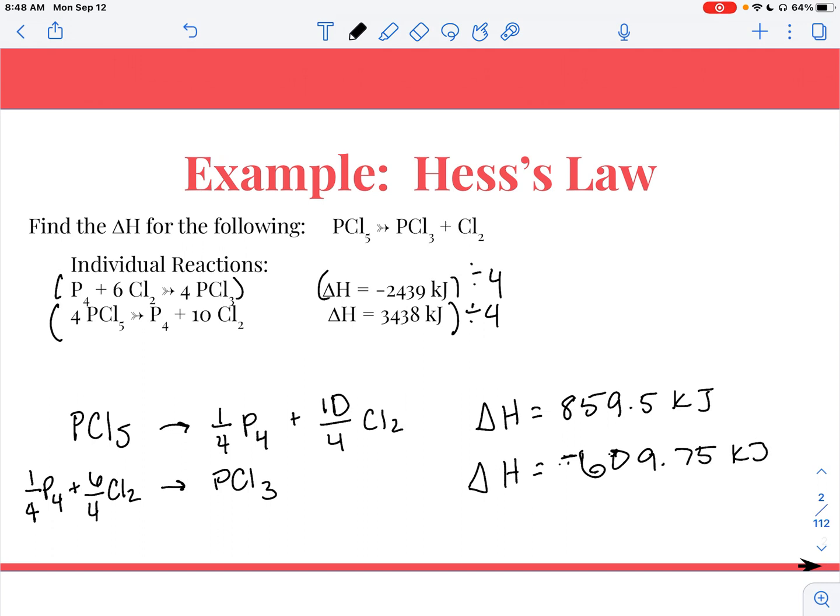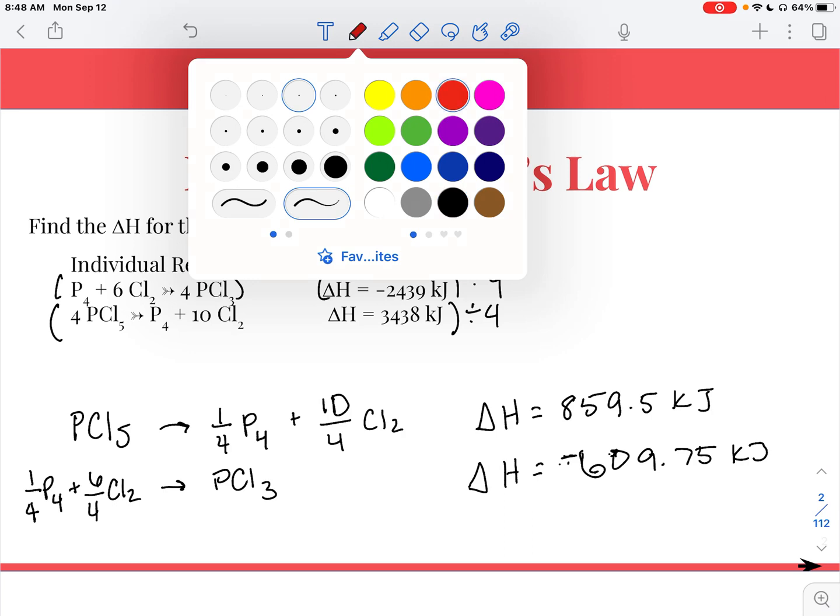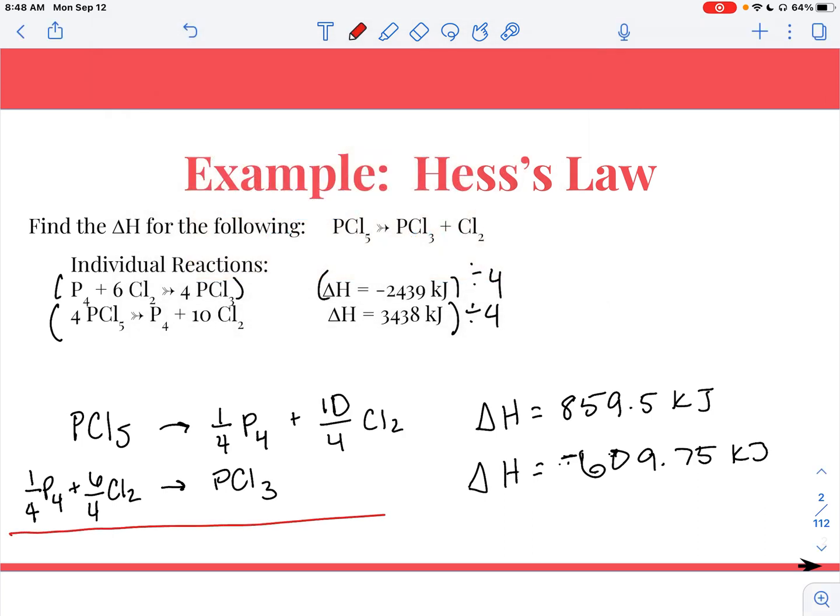Okay, so now I'm going to check my work. And in order to check my work, I'm going to add these reactions together. Now you can see that I have 1/4 P4 on both the before arrow and the after arrow, so those will cancel out. And then here we have 10 over 4 Cl2, 6 over 4 Cl2, okay?